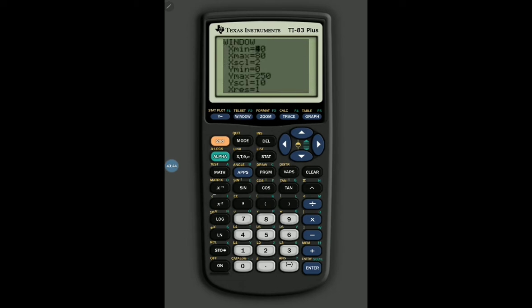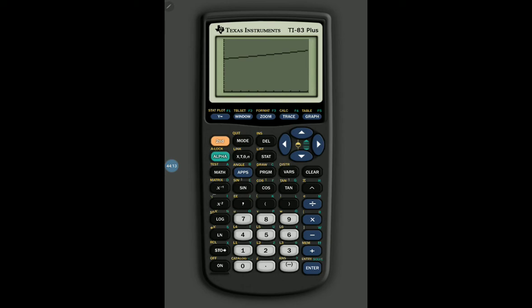I'm going to change my window a little bit here. Let's just put this at 70, so I can see 71 pretty easily. And I'm just going to go up by ones now. So here's 71.